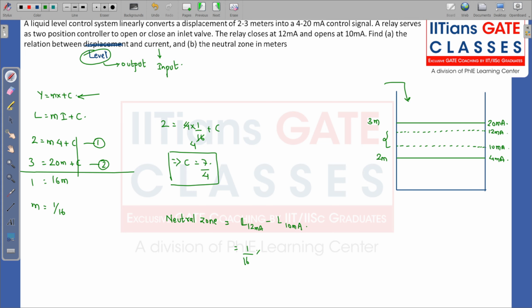So 1 by 16 into 12 plus 7 by 4, minus 1 by 16 into 10 plus 7 by 4. Obviously this 7 by 4 will get cancelled, and over here we will have 2 by 16. So 2 by 16 I got, that is 1 by 8, or 0.125 meter.